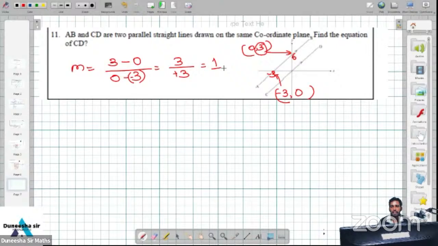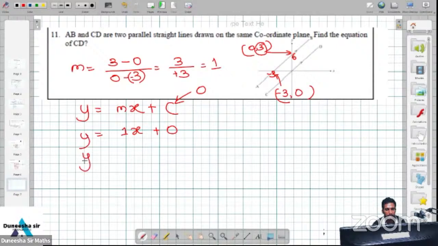Okay. Gradient is how much? M. Then CD is going through the origin. y equals mx plus c. If it's going through the origin, c is 0. Okay. Then 1x plus c, c is 0.